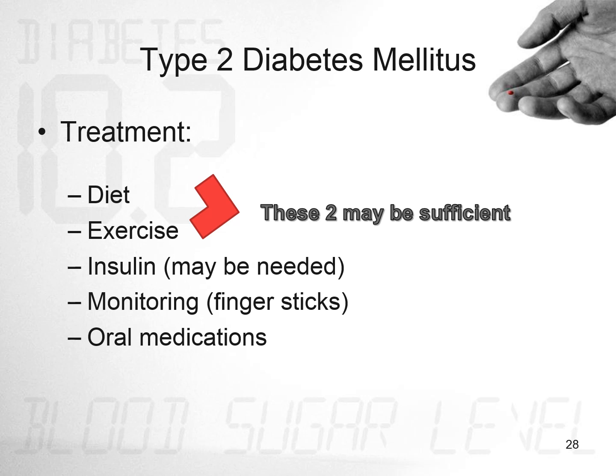Depending on how good their control is and what their physicians order, they may only need a blood glucose check once or twice a day, versus an insulin-dependent diabetic who may need blood sugars 4 or 5 times a day. And oral medications: if diet and exercise alone can't control the type 2 diabetes, then a lot of times they'll start with just oral medications, your oral hyperglycemics. And if that doesn't control them, then they'll go to insulin after that.